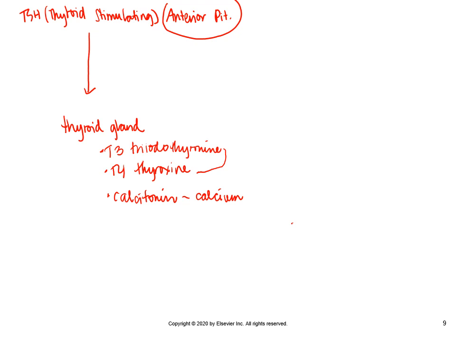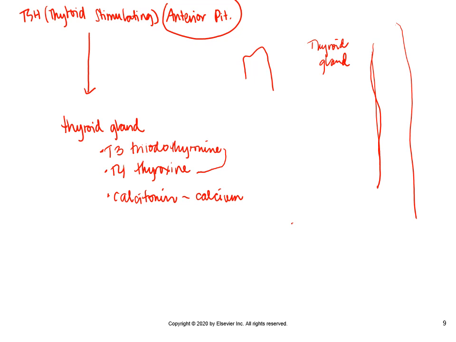All right, so for example, this is the blood vessel, right? For example, that's the blood vessel, and then you have the thyroid gland, and then this is the bone, for example.